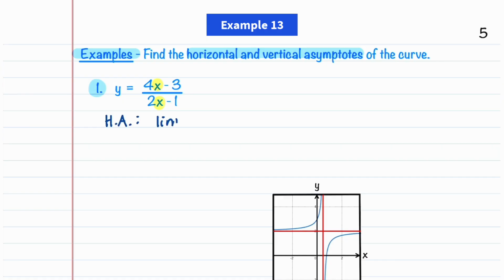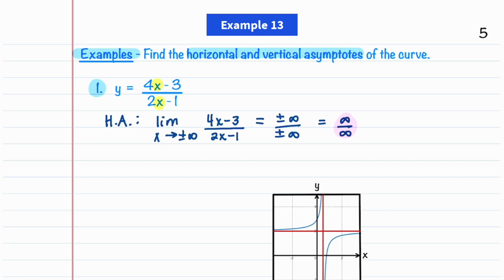The limit as x goes to plus or minus infinity of 4x minus 3, all divided by 2x minus 1, is equal to plus or minus infinity divided by plus or minus infinity.